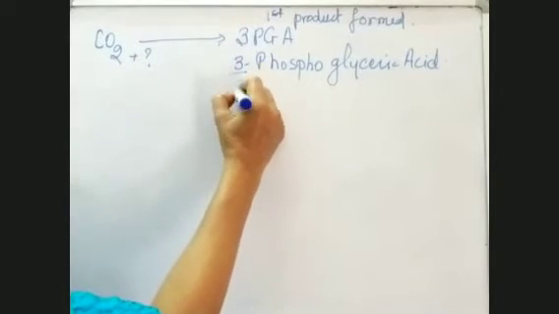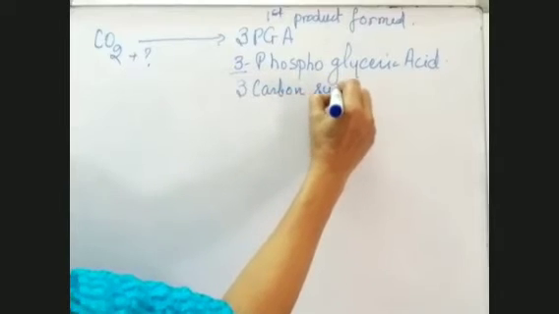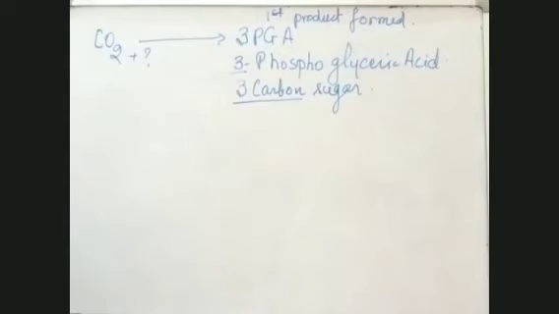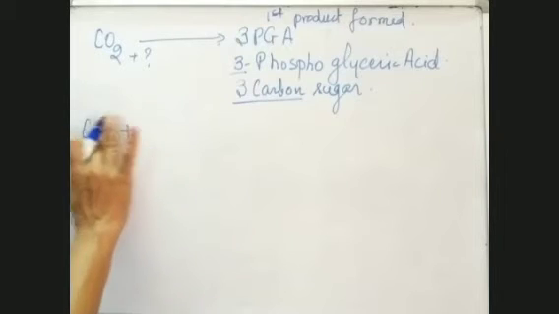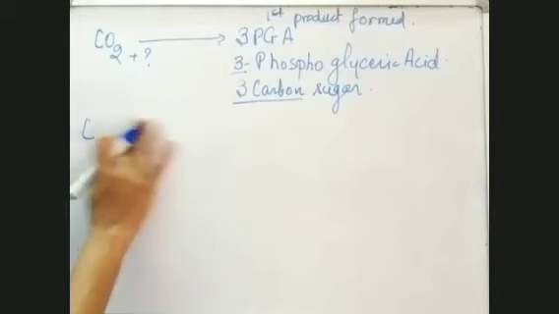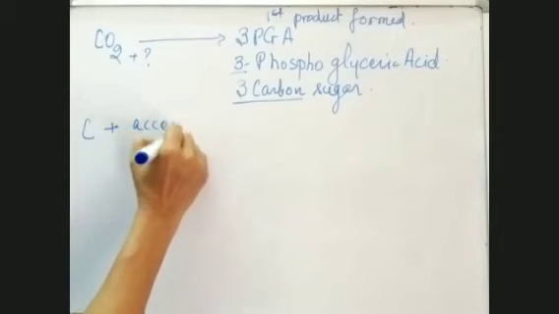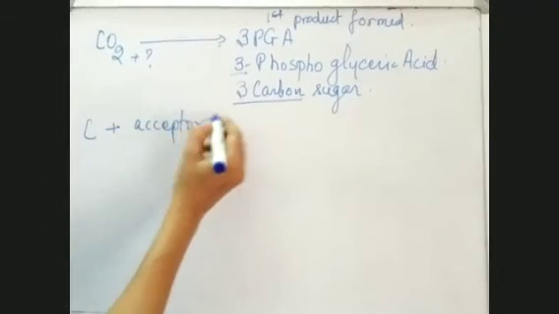That means three carbons were present. So on the basis of this, they assumed that CO2, a single carbon, must be combining with some acceptor.